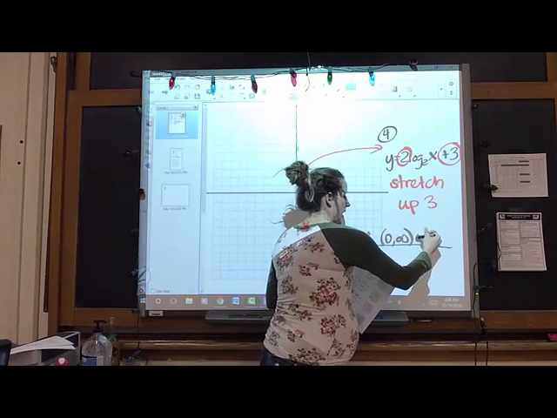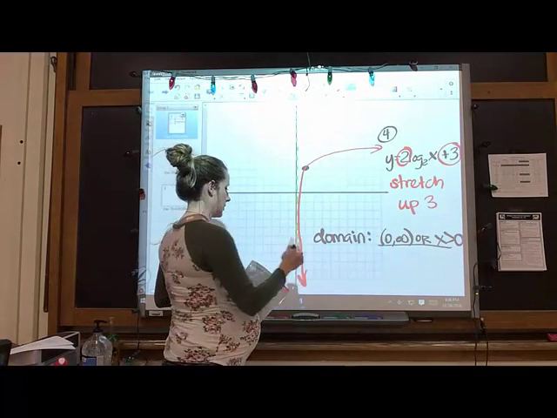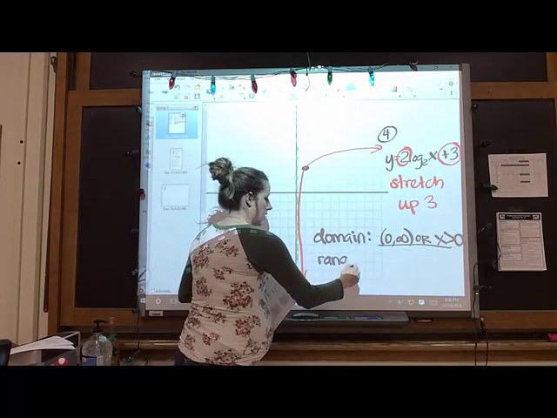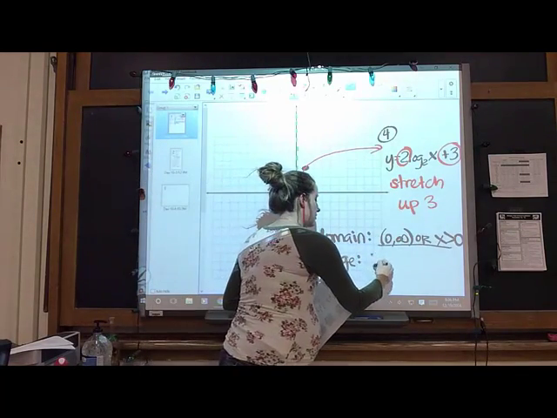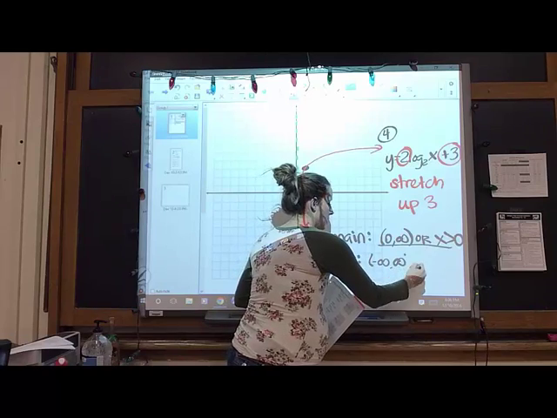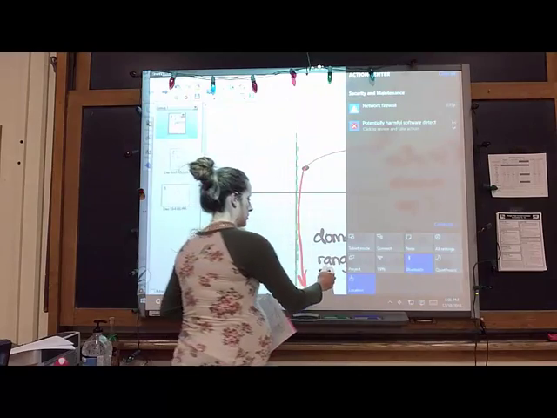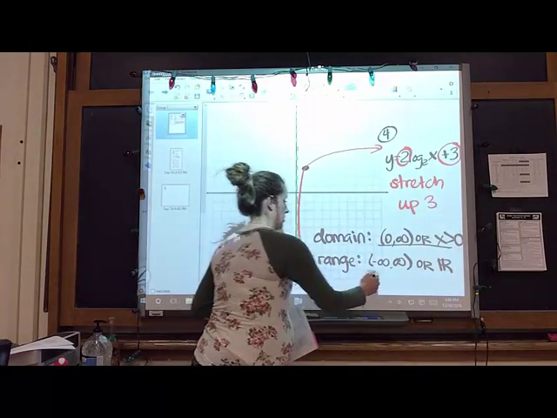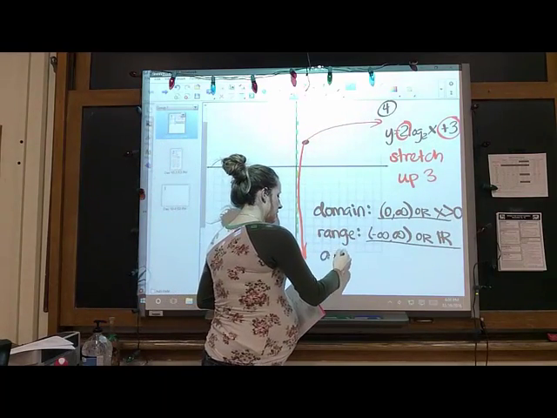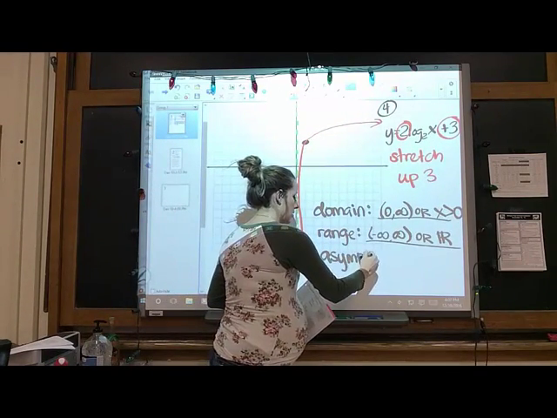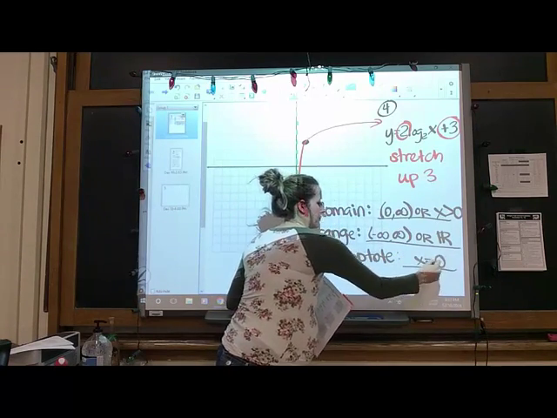Or you could say x is greater than 0, either one. Our range for log functions is always negative infinity to positive infinity, or all real numbers. And my asymptote here, since it's vertical, is going to be x equals 0.